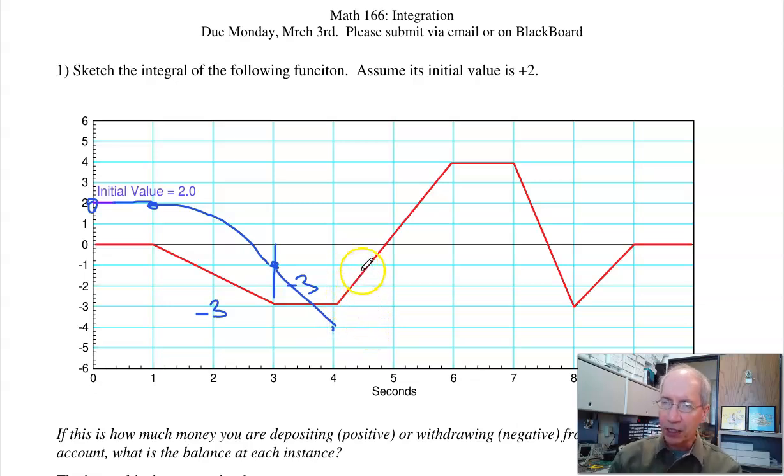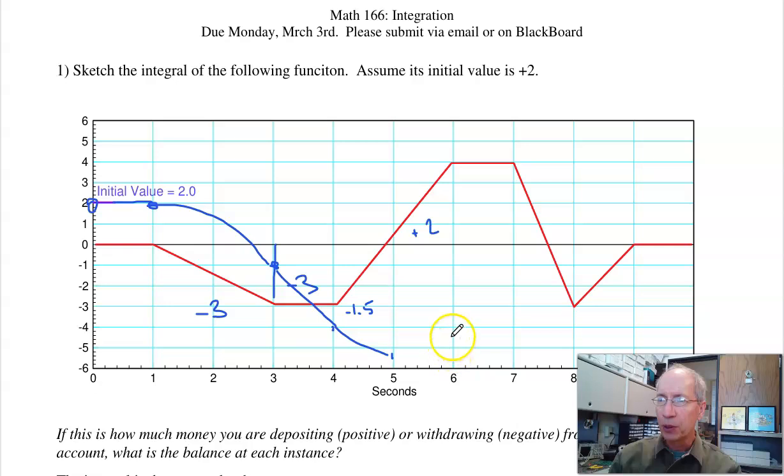This has an area of about, that base times height, about minus 1.5. So come down 1.5. Now I start adding. Here the area is plus 2, about.